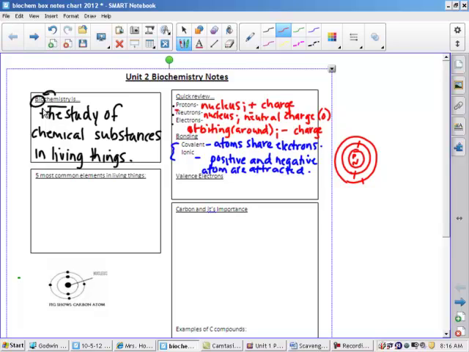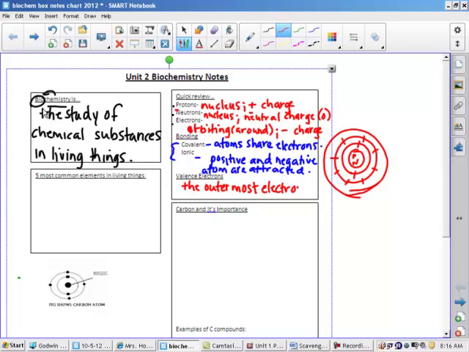So let's draw that in. 1, 2, 3, 4, 5, 6, 7, 8. 8 electrons, okay, and so on. The next levels, let's just say for our purposes, they can have 8 as well. Now, the idea behind a valence electron is that valence electrons are the outermost electrons.